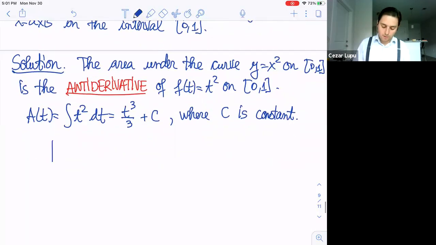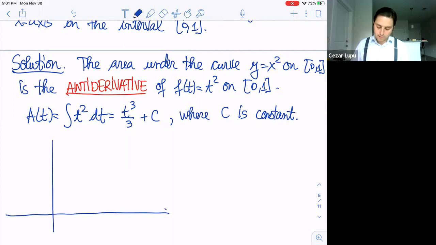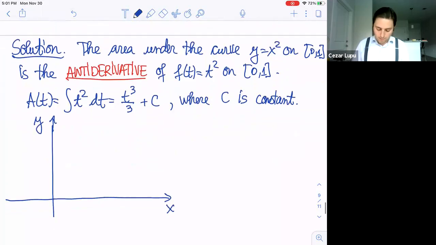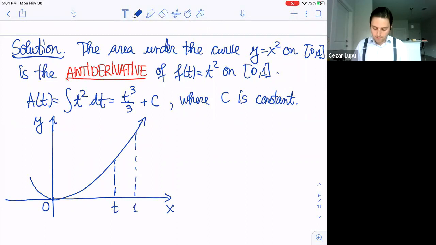And now let me draw a picture so that you can see it better. So let me just say the arc of the parabola was like this. Here is 0, and let's just say that here is t, and here it's 1. Right, so we're interested in this guy here.